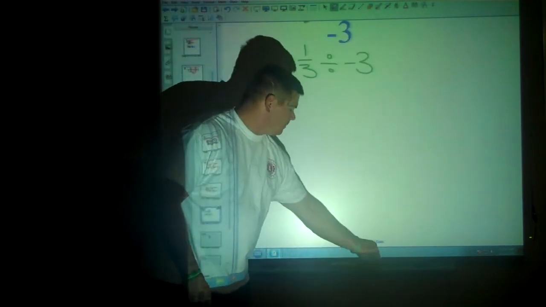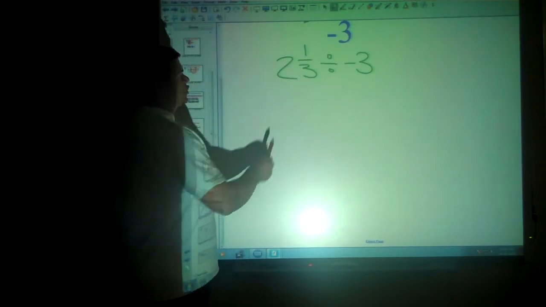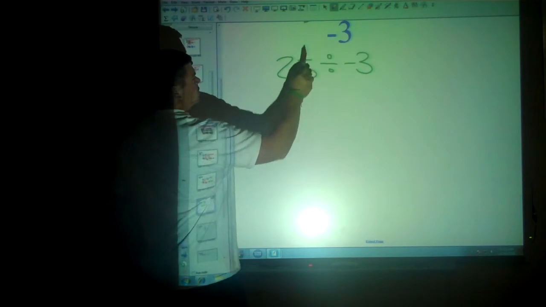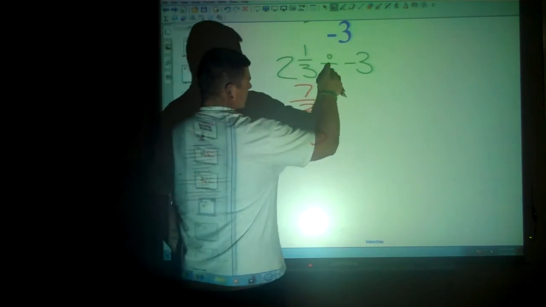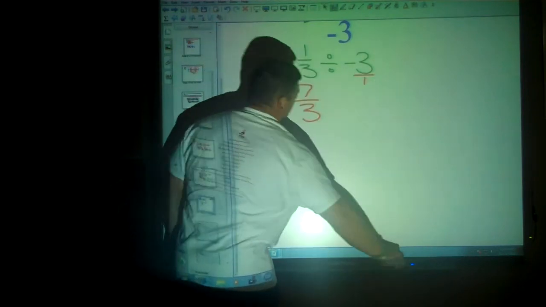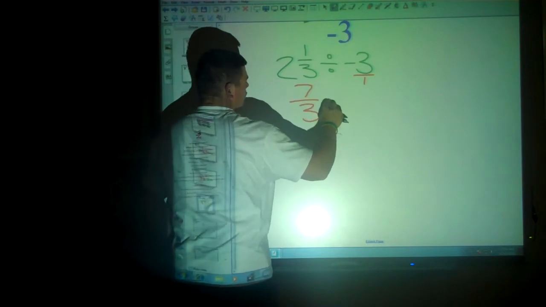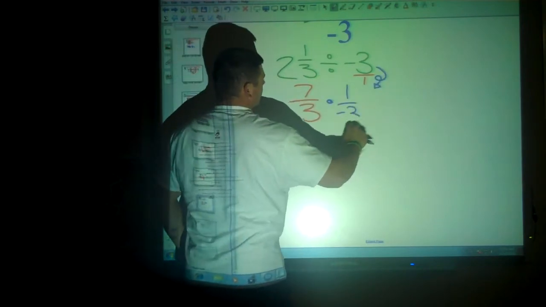What you need to do though, if you have a mixed number like this, turn it into an improper fraction. 2 times 3 is 6, 6 plus 1 is 7 over 3, and instead of this, division of negative 3, that can be written as a fraction, and we'll end up making this multiplication. We flip this over, and it's now 1 over negative 3.